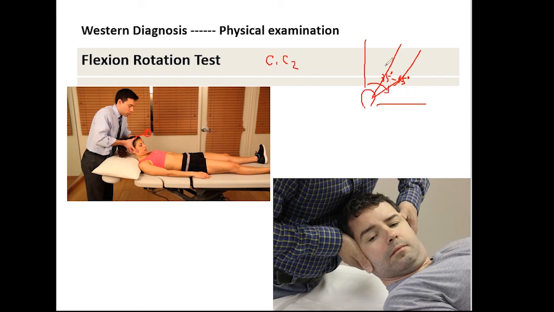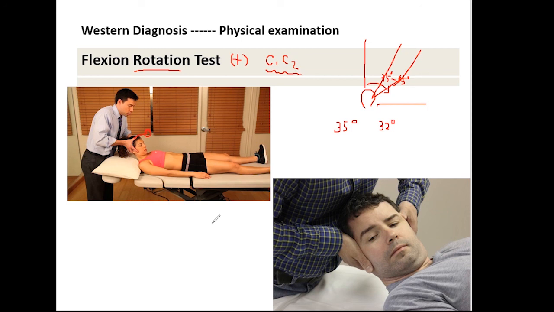If the patient rotates the head less than 35 degrees, even less than 32 degrees, that means the test is positive. A positive test means the patient has trouble in C1 and C2, so it's still a bone problem there.